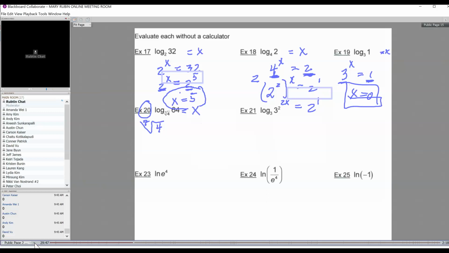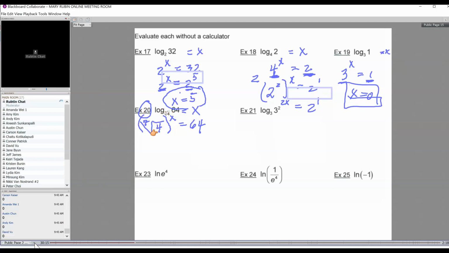So this is saying the 7th root of 4 raised to some power equals 64. Make sure that this makes sense first. Here's my base. My exponent is what I'm looking for. And I need that base to this exponent to equal 64.